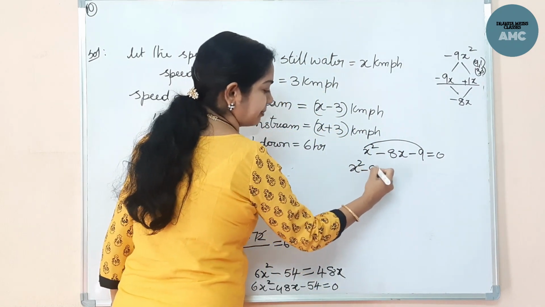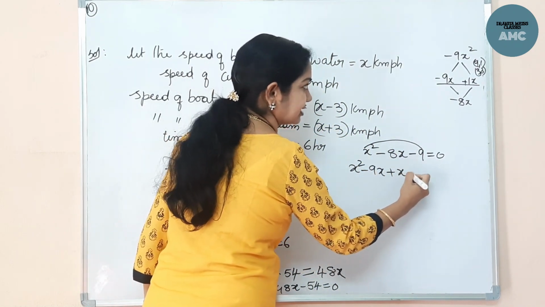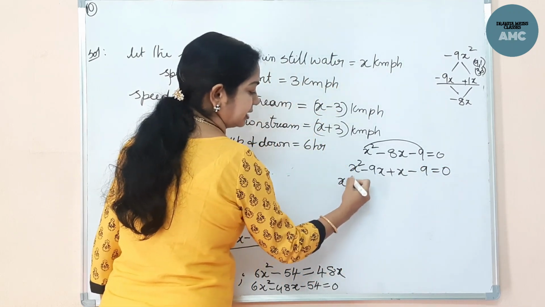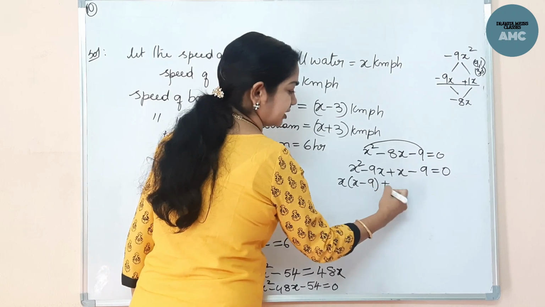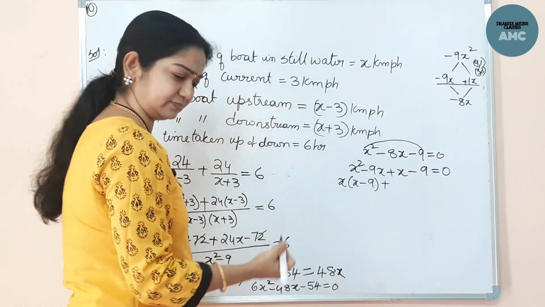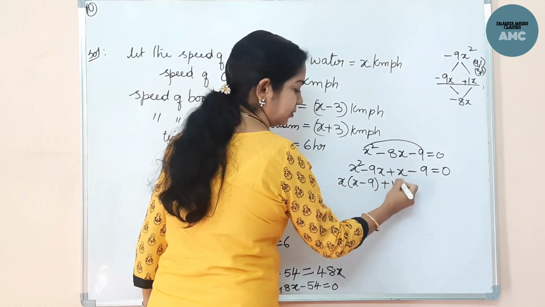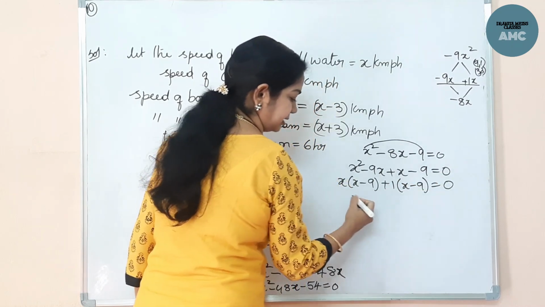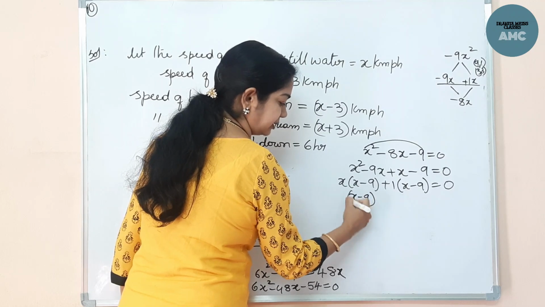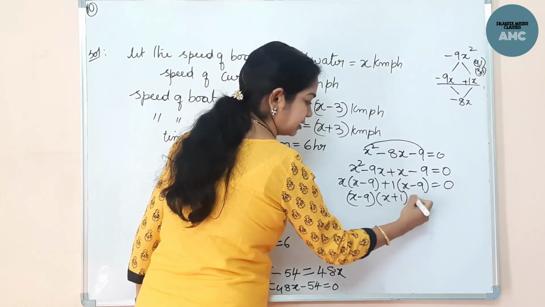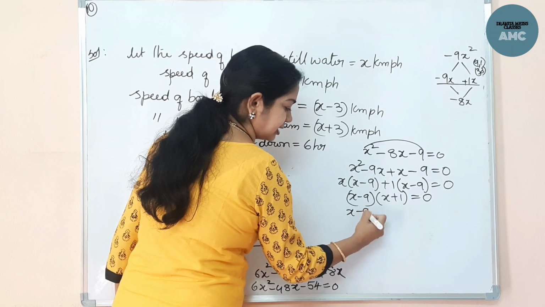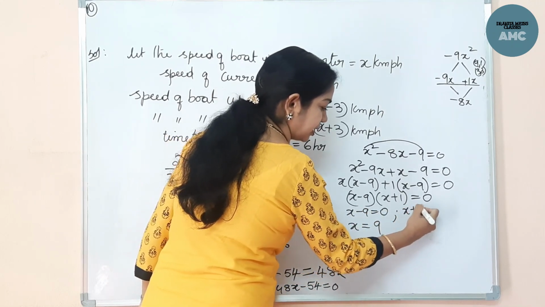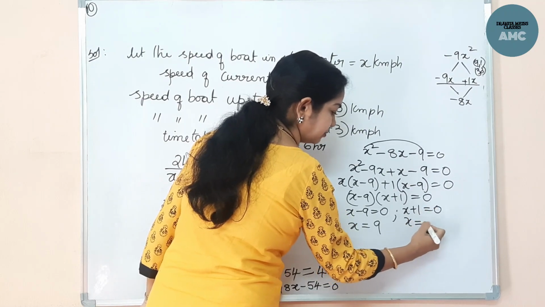So x square minus 9x plus 1x minus 9 equal to 0. From these two terms, x common, x minus 9. There is no common here, that means we have to take 1. So x minus 9. Now x minus 9 you take common, so the remaining is x plus 1. So x minus 9 equal to 0, x equal to 9. Here x plus 1 equal to 0, x is equal to minus 1.